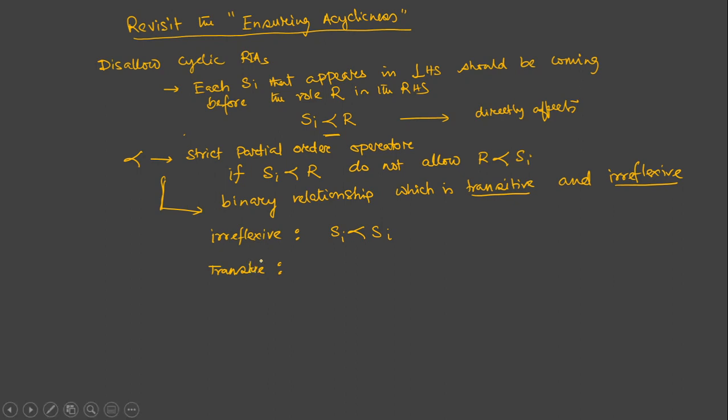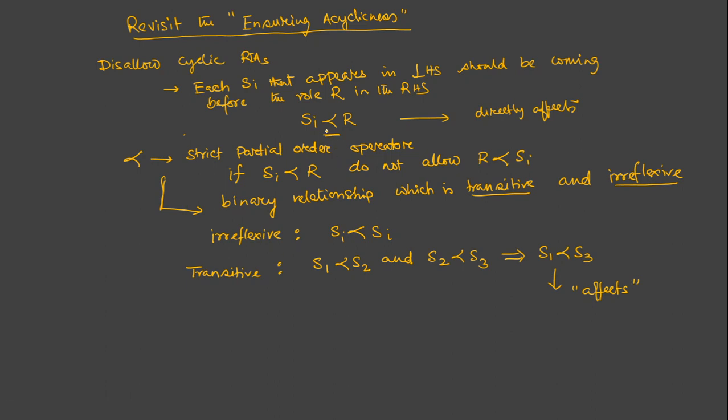Now the case of transitive says, why is this a transitive relation? Because if S1 comes before S2 and S2 comes before S3, that will imply that S1 comes before S3. So what it is modeling? This is basically modeling the affects relation that we have talked about earlier.